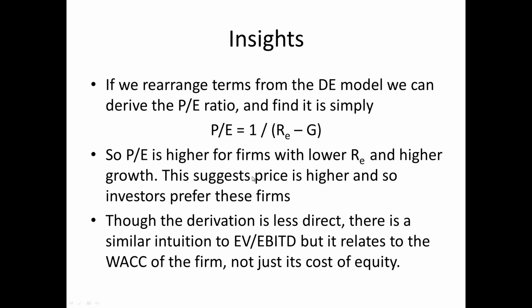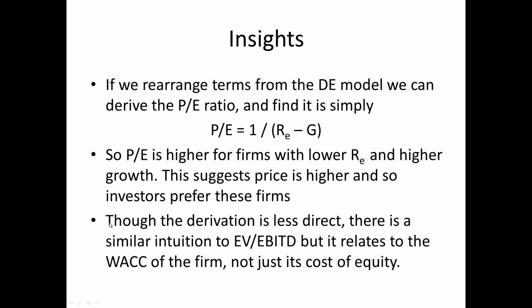So that suggests that stock prices are higher when you have either lower risk or higher growth. And that must mean that investors prefer the lower risk or the higher growth. And both of those are consistent with what we found with the discounted earnings model, and they make sense.